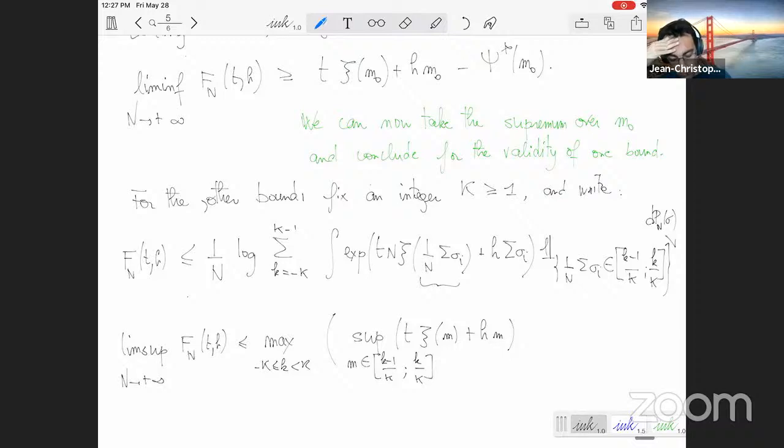So it's going to be minus the inf over m in k minus 1 over K, k over K, of psi star of m.